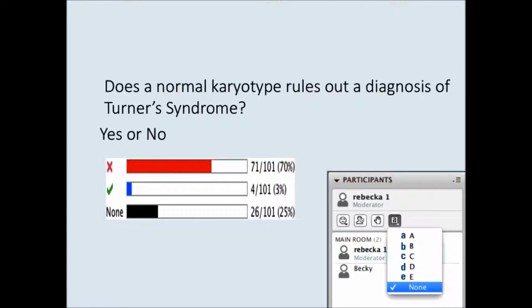Additionally, if you have a situation where some cells of the body have just the one X, you can actually have some cells that have an X and a Y. Even if the child is phenotypically a female, there can be a few cells in the body that actually have both the X and the Y. And in that case, the presence of that Y chromosome actually increases the risk for a particular type of cancer called a gonadoblastoma, which impacts the gonad, or the primitive ovary, and so you have to remove that organ.